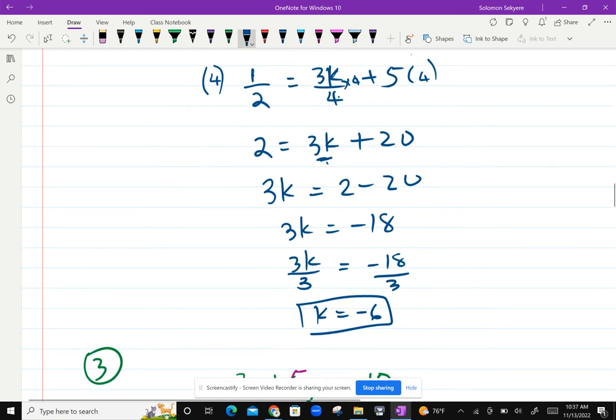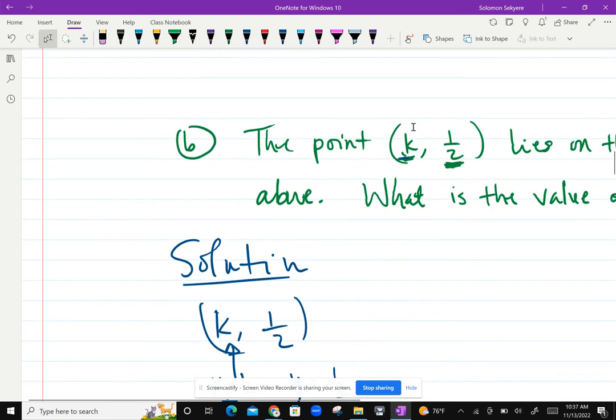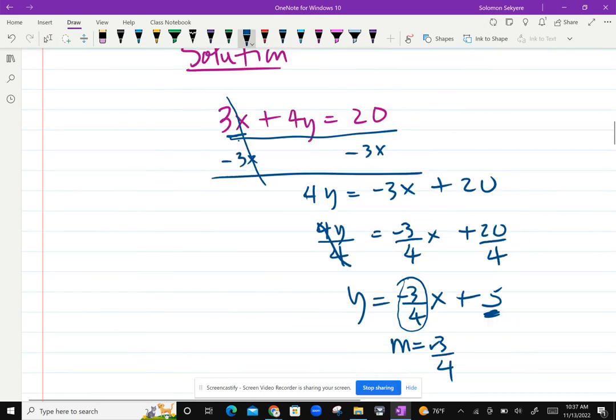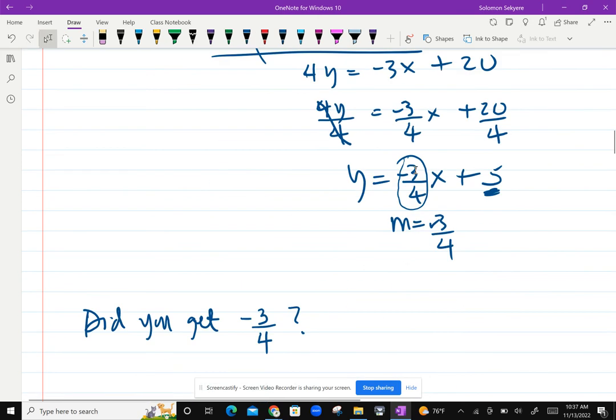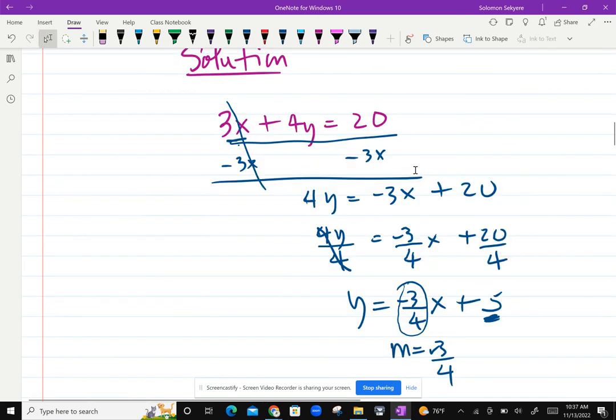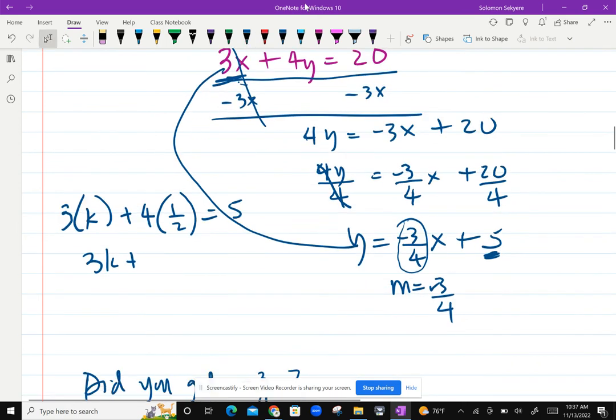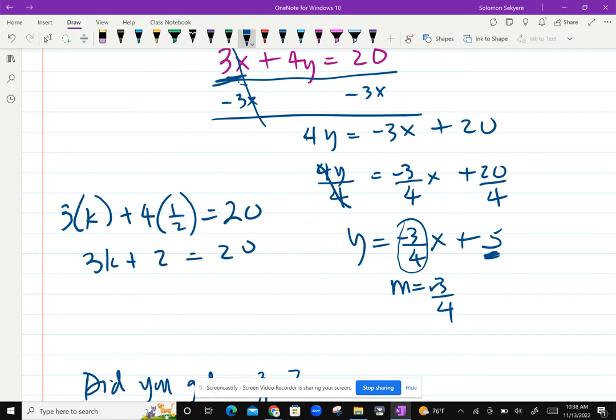We could have also put the point in the original equation. It's still the same. When x equals k, y equals half. So 3k plus 4 times half equals 20. 3k plus 2 equals 20.